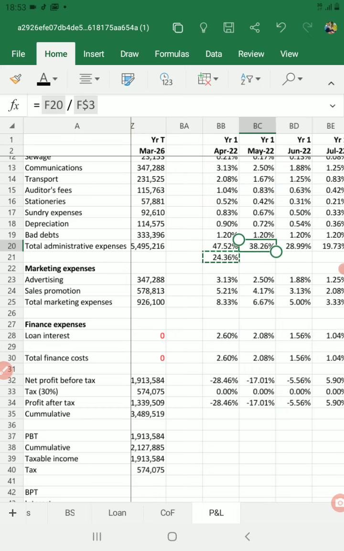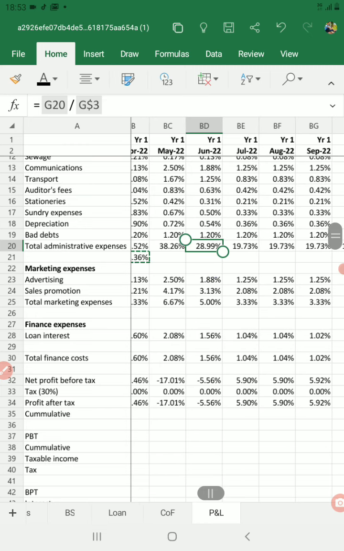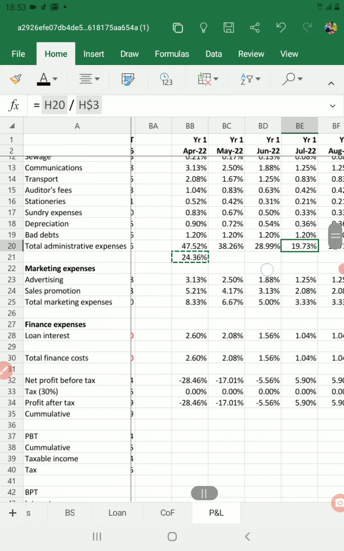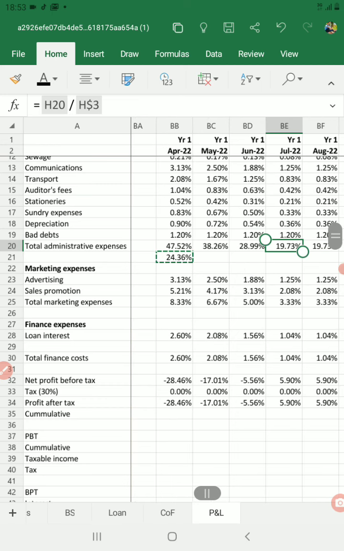Then it went down to 38.26, to 28.99, to 19.73. Okay, so month by month you can see these fluctuations, depending of course on the modeling assumptions, and we assume that this is the real situation that we expect to occur.